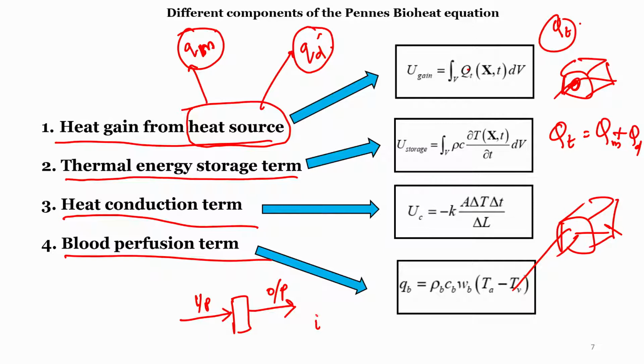When input is greater than output, we are heating the tissue much more than we are cooling it, so there will be an excess amount of heat energy. That energy will get stored in the tissue and lead to an overall increase in temperature of the tissue when input is greater than output.